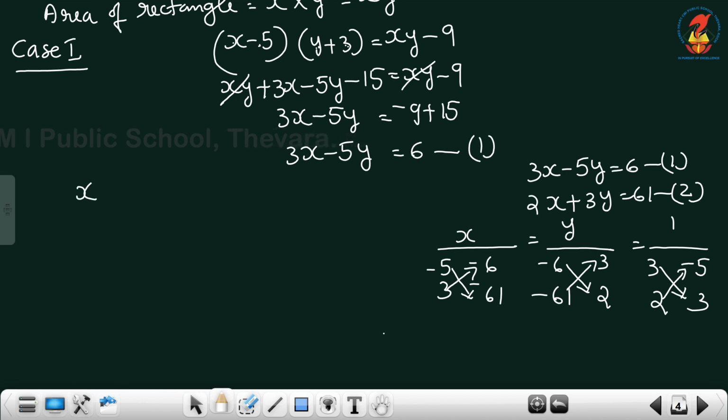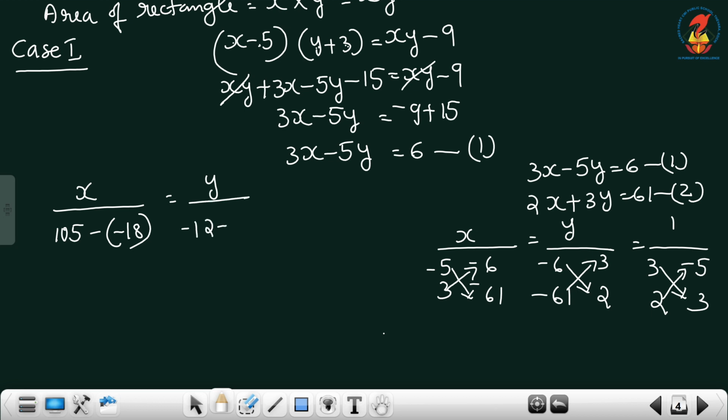Cross multiplication, x divided by 105 minus 18, okay, is equal to y divided by negative 12 minus 183, is equal to 1 divided by 9 minus 10.